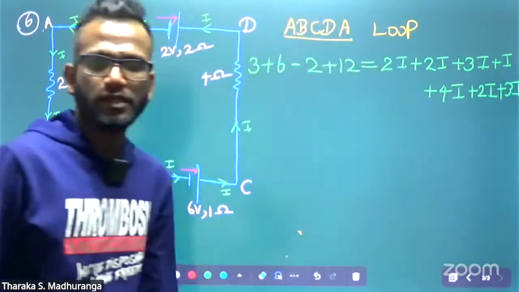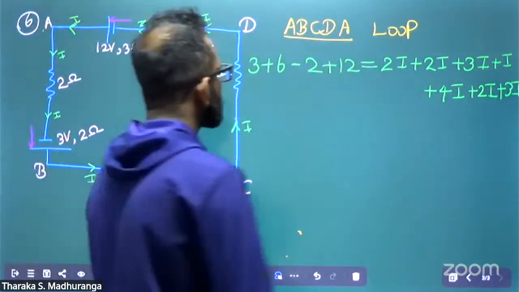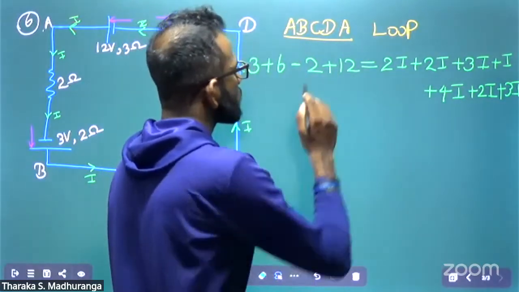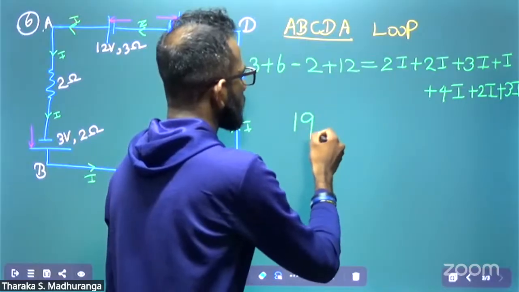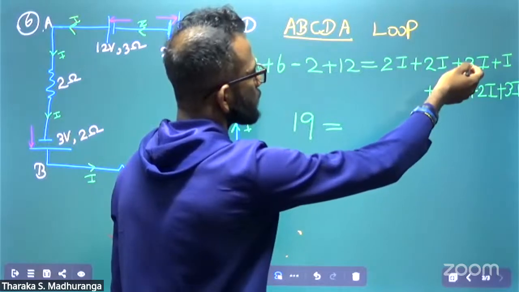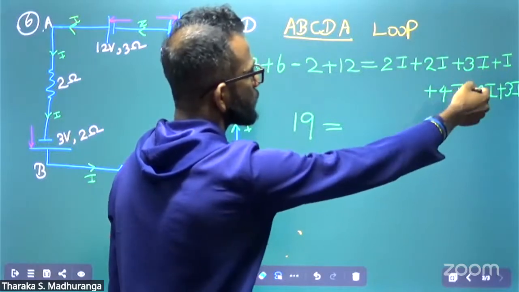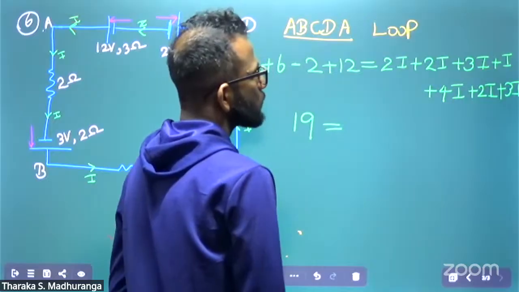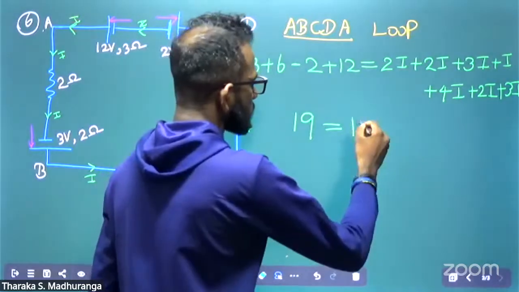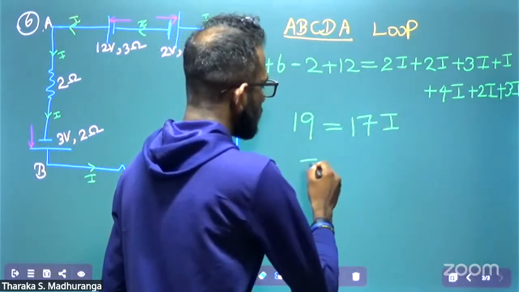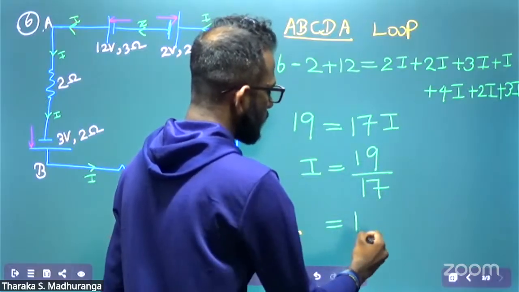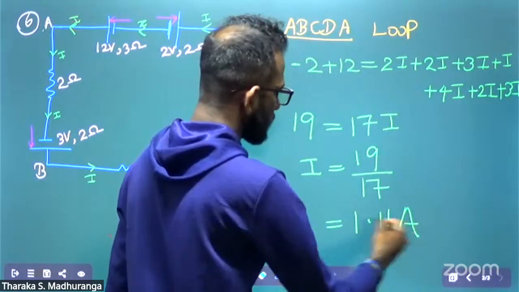Then add: 3 plus 6, 9. 9 plus 9 minus 2, 7. 7 plus 12, 19. 19 equals 2, 4, 7, 8, 12. 12 plus 2, 14. 14 plus 3, 17, right? 17I. Then I equals 19 over 17, about 1.1. 1 ampere is the I.